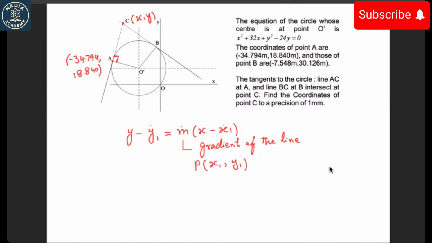We can find the gradient of one and apply the negative reciprocal for the gradients of two perpendicular lines.